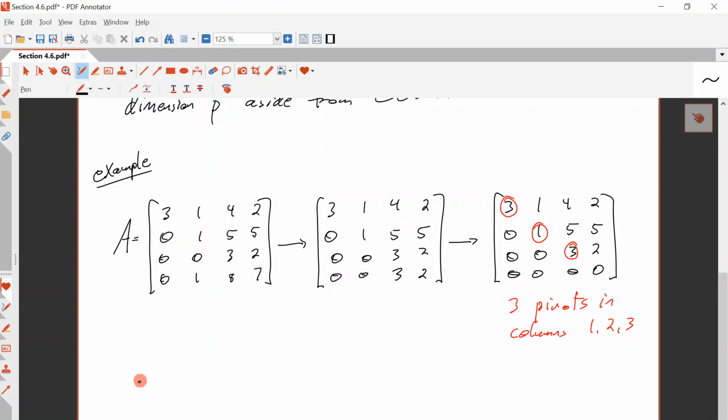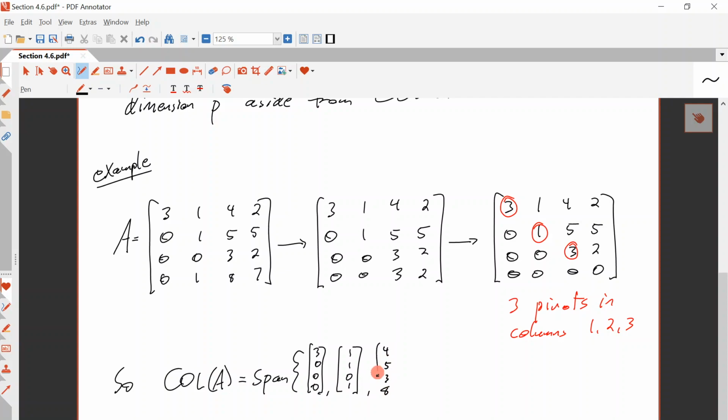So the column space of A is the span of columns 1, 2, and 3 of the original matrix: 3, 0, 0, 0; 1, 1, 0, 1; and 4, 5, 3, 8. And then that fourth column is dependent in some way on the first 3.